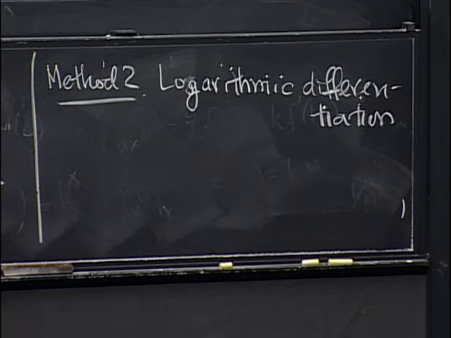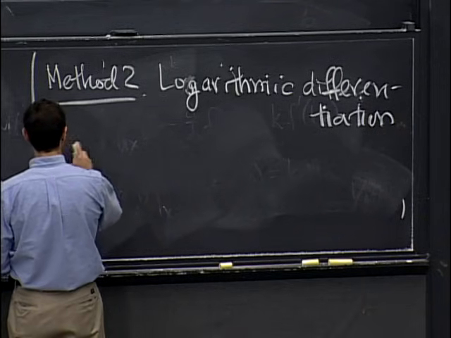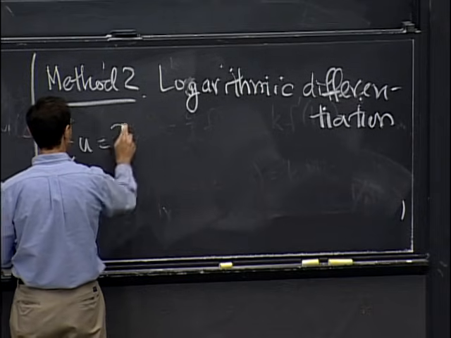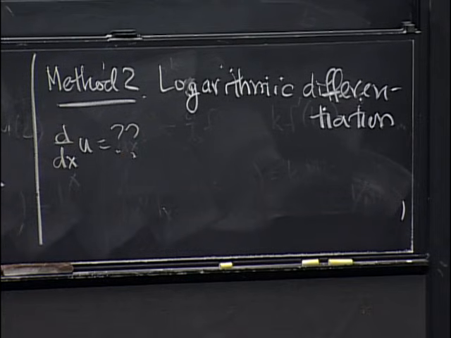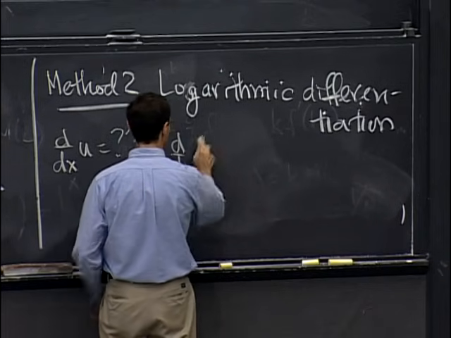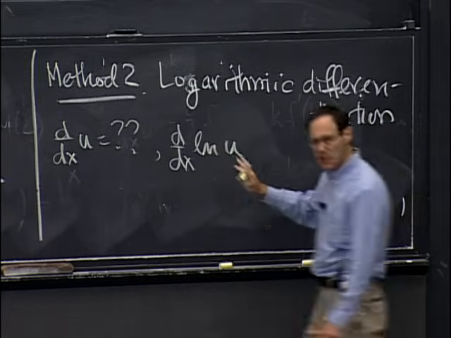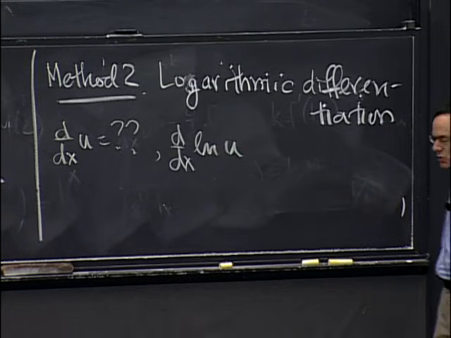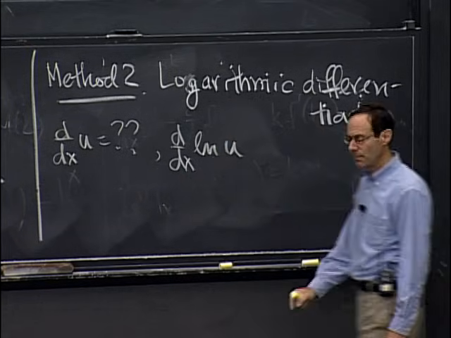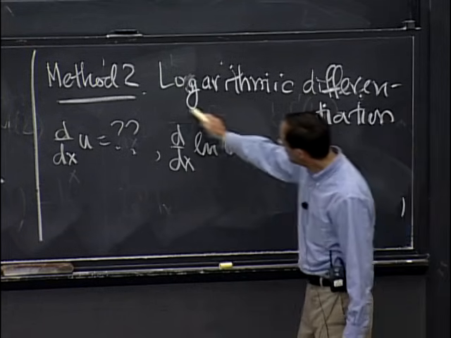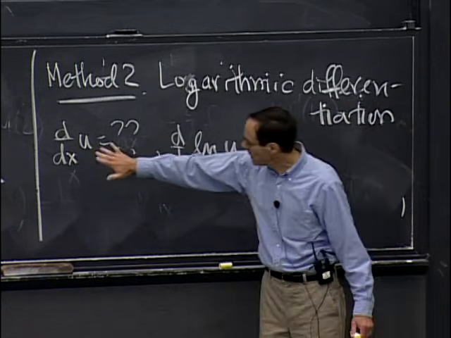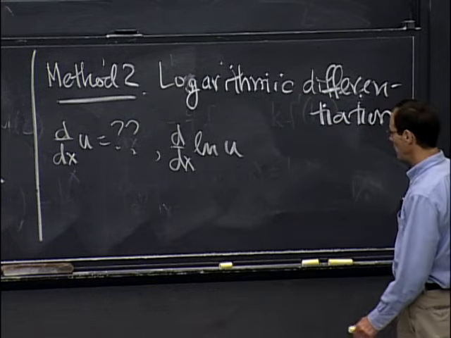All right, so how does this work? Well, sometimes you're having trouble differentiating a function, and it's easier to differentiate its logarithm. That may seem peculiar, but actually we'll give several examples where this is clearly the case, that the logarithm is easier to differentiate than the function. Okay? So it could be that this is an easier quantity to understand. So we want to relate it back to the function u.